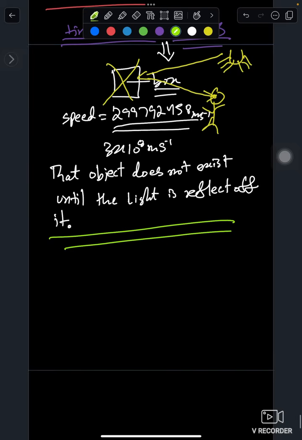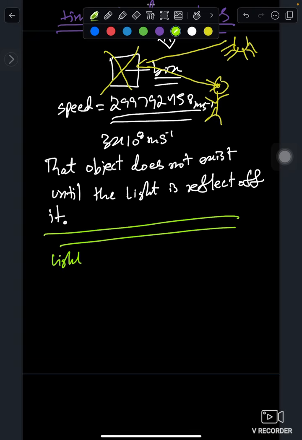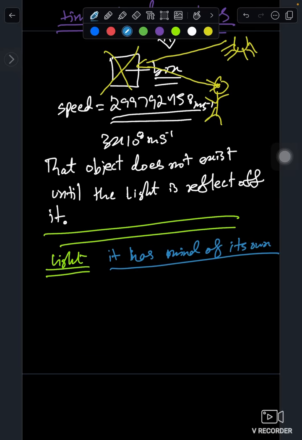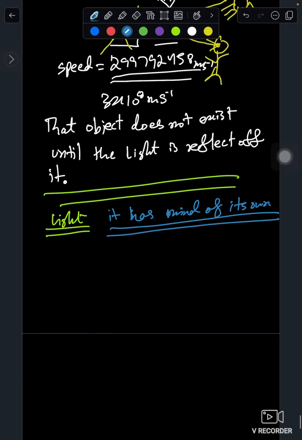Second point, light is a special kind of thing. Light is very special because you can say it has a mind of its own. What do I mean by a mind of its own?